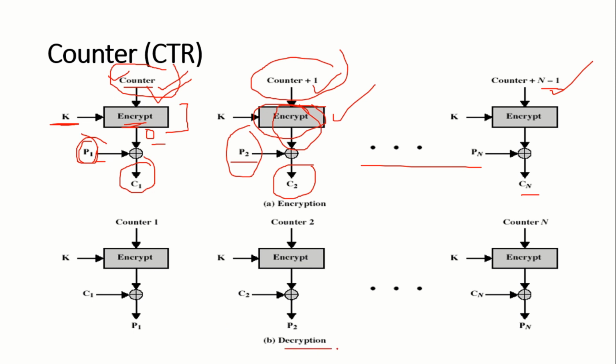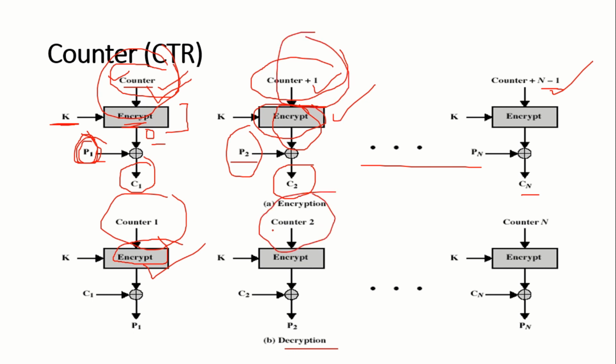Okay, so at the decrypting end, again, because we are introducing this plain text block at the last stage, the decryption will be using the encrypt operation as well, just like cipher feedback and output feedback. And the counter which we have used over here will be used at this step. So the counters will be same level wise.